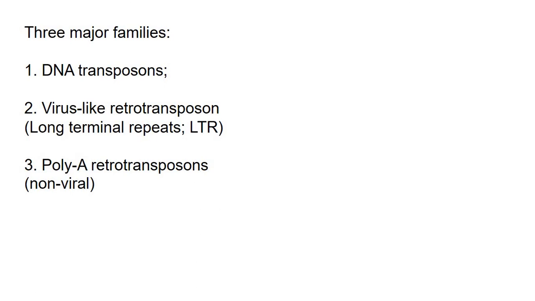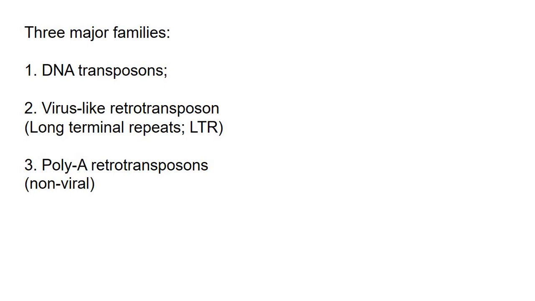So they cannot cut themselves out, they do not go into lytic phase, so they always stay with the genome. They became part of the genome. All their characteristics resemble RNA viruses, so that's why these are called virus-like retrotransposons.